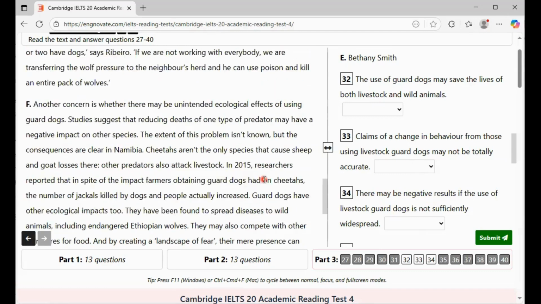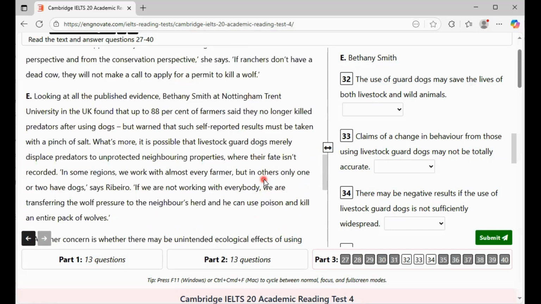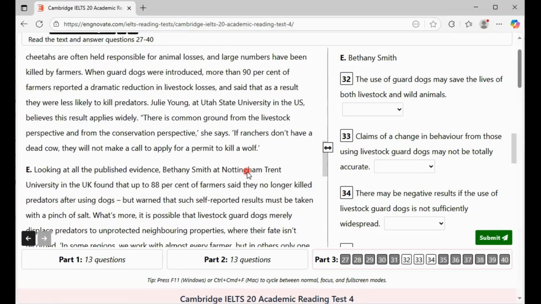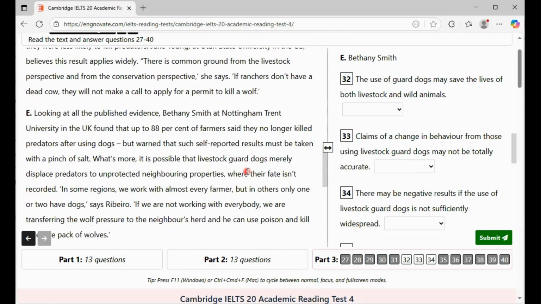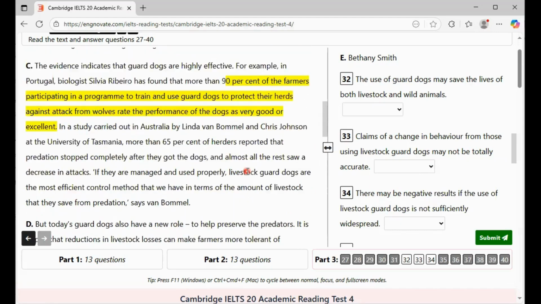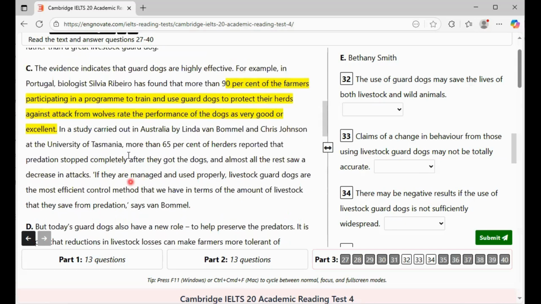Where is that one that says pinch of salt? I saw something about pinch of salt. Australian study. Tasmania. Efficient methods.